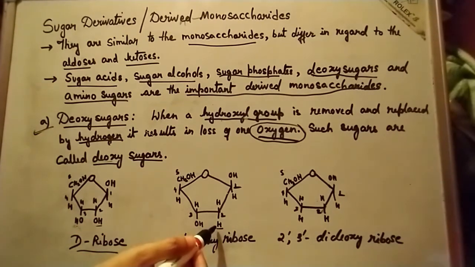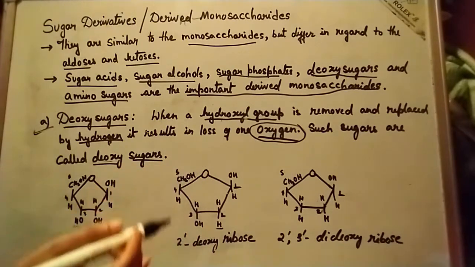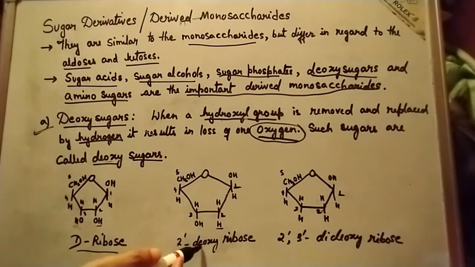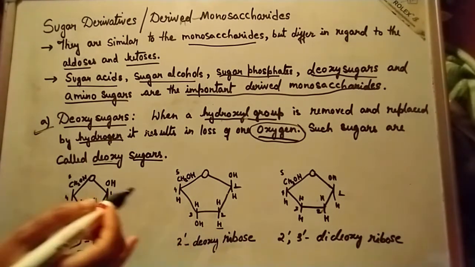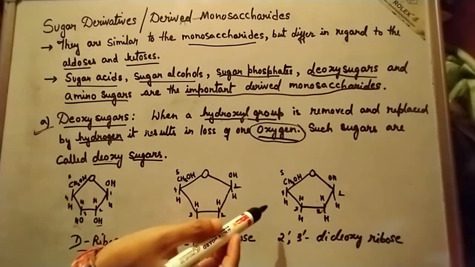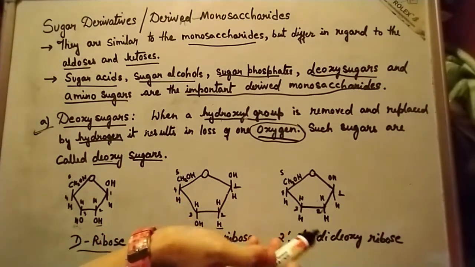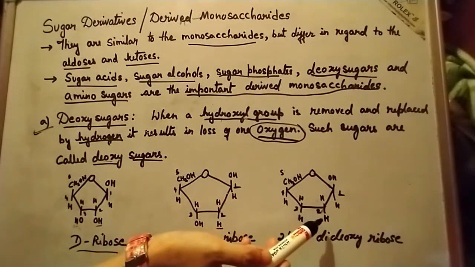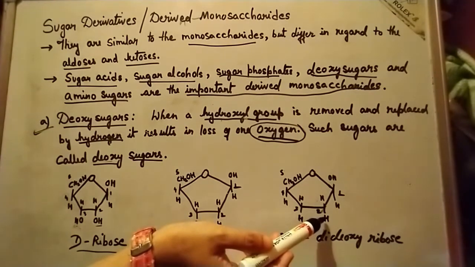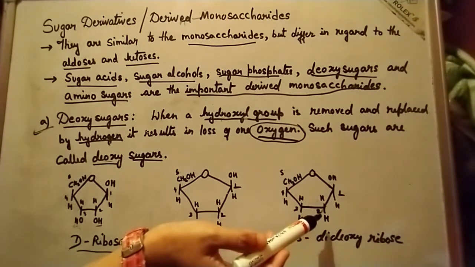So due to the lack of oxygen atom here, this molecule is now referred to as deoxyribose. Because the oxygen is absent in carbon number 2, it is referred to as 2-deoxyribose.